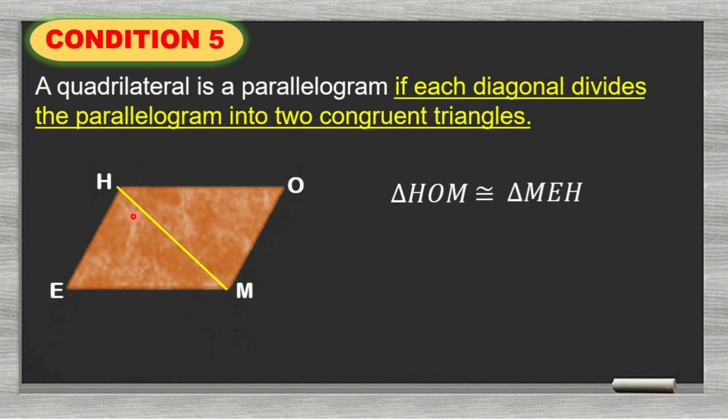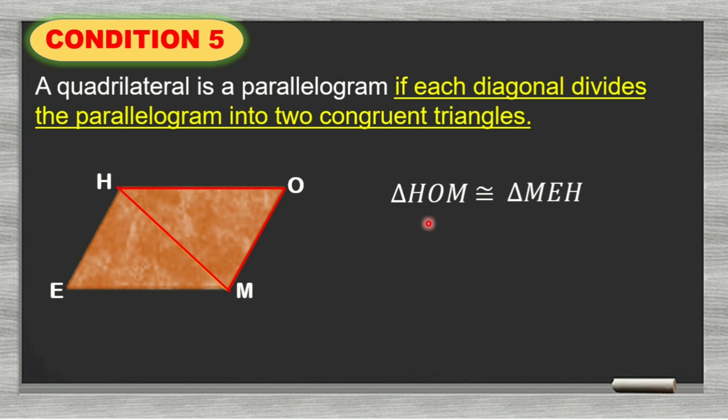Para mas maintindihan nyo, yan. Yan yung triangle. So, tingnan ninyo kung saan mapupunta yung part na ito, tsaka yung part na to. Okay? Tingnan mabuti kung saan mapupunta yan. Iikutin lang natin yan. Yan. So, dahil congruent ang dalawang triangle na ito, magkakaroon tayo ng property na corresponding parts of congruent triangles are congruent.